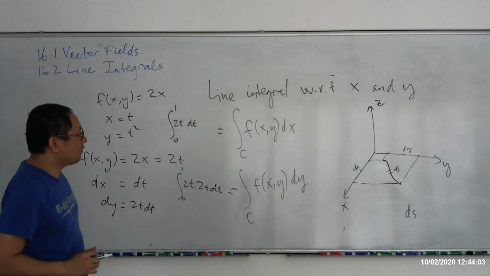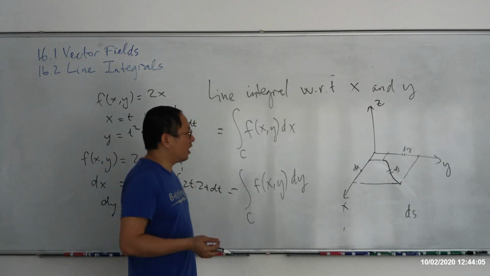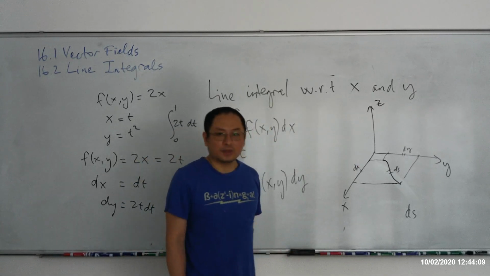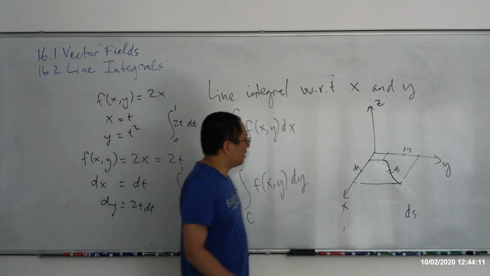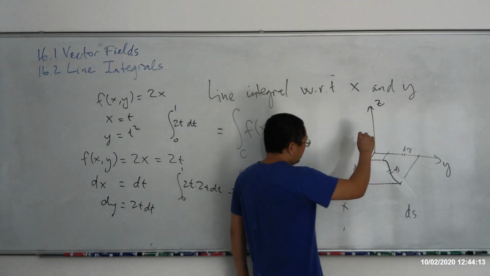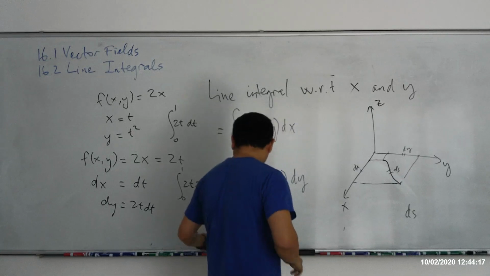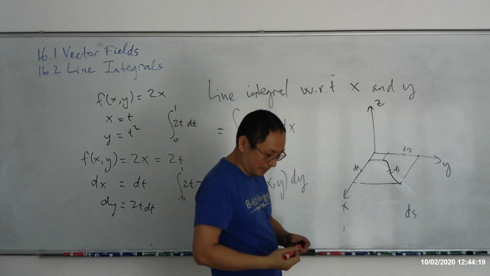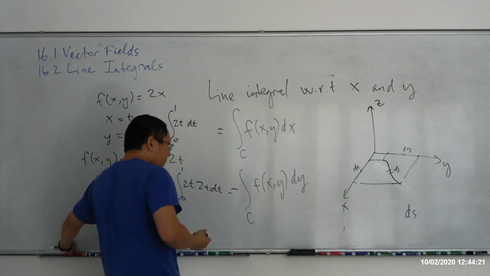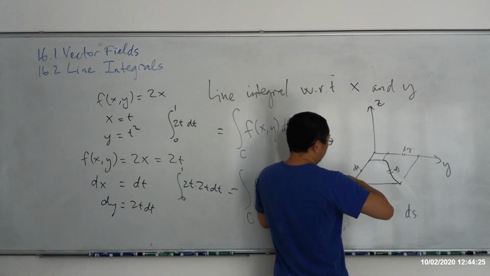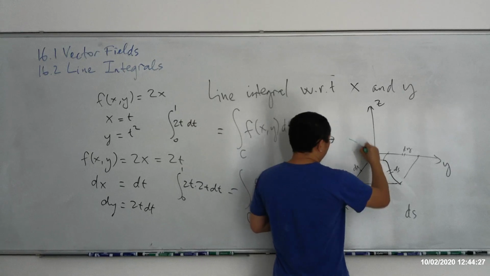Okay. We tried to find a geometric interpretation of this, but I'm not sure if my interpretation is good enough. Let me try to draw it out. See if that makes sense to you. It may work in this case. Okay. This is my f of x y in general up here.